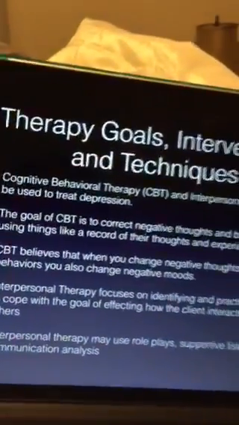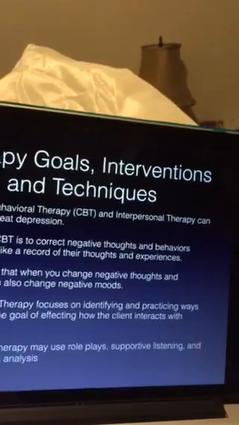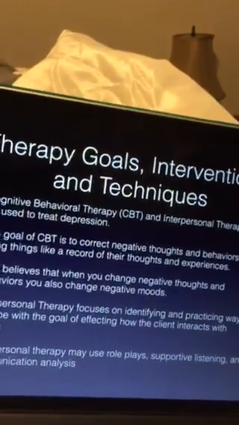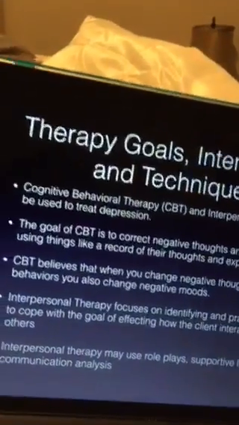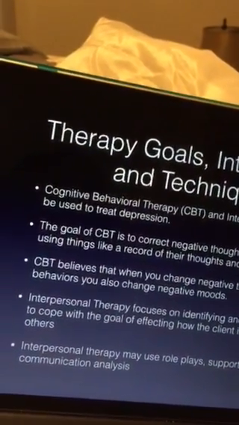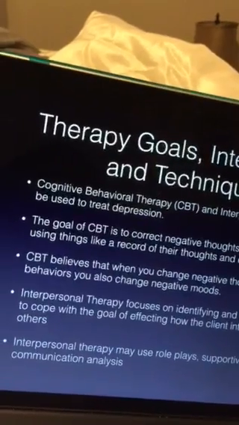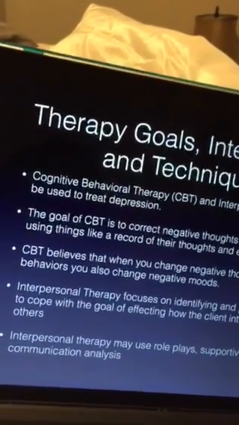Cognitive behavioral therapy and interpersonal therapy are just two forms that I picked to talk about to treat depression. Cognitive behavioral therapy, or CBT: the goal of CBT is to correct negative thoughts and behaviors.